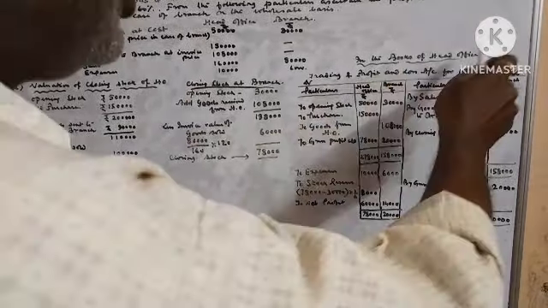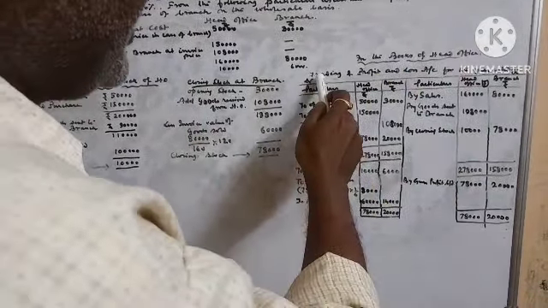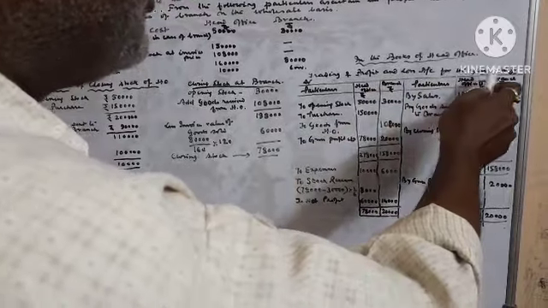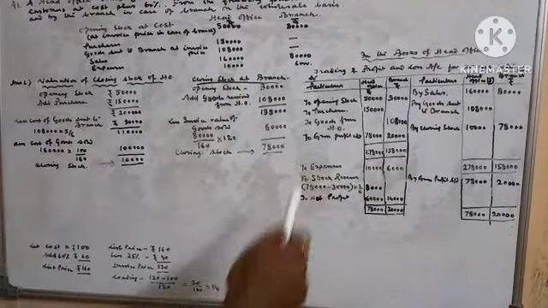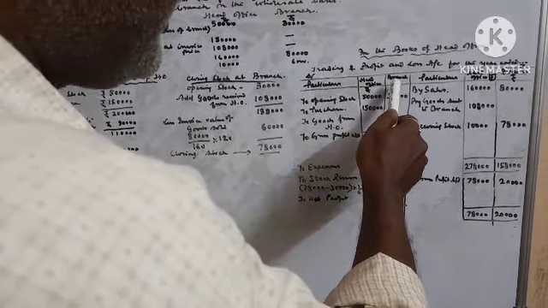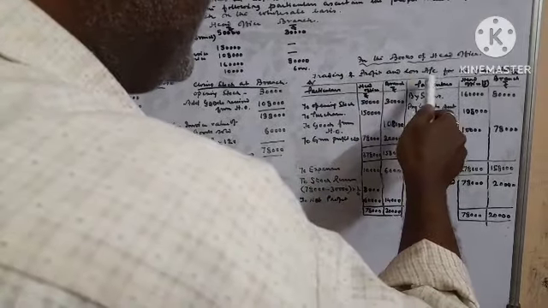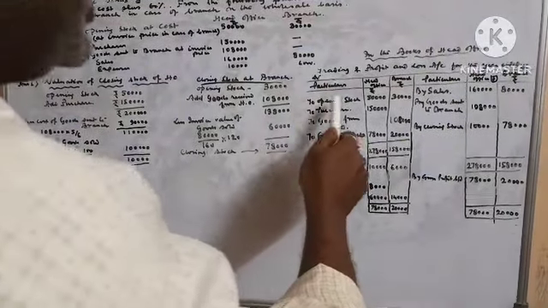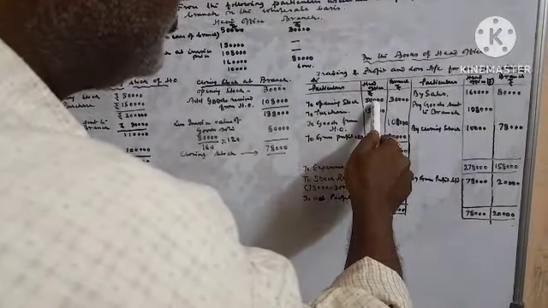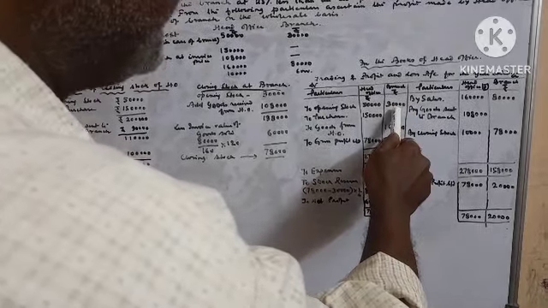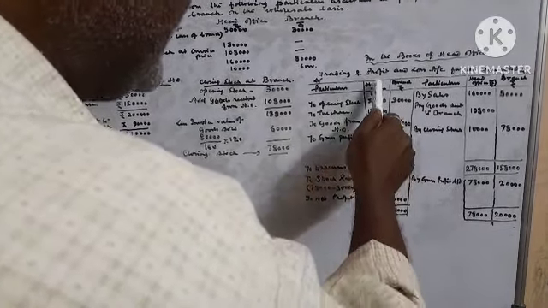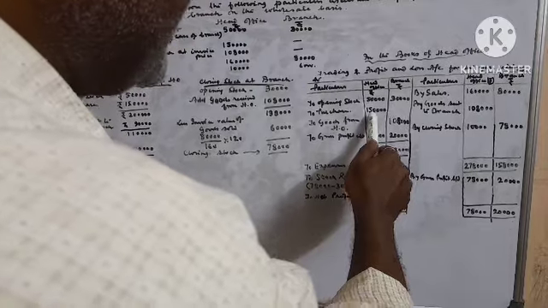Now in the books of head office we prepare the trading and profit and loss account for the year ended. Debit particulars: head office, branch. Credit particulars: head office, branch. To opening stock, head office 50,000, branch 30,000. To purchase in head office column 1,50,000.